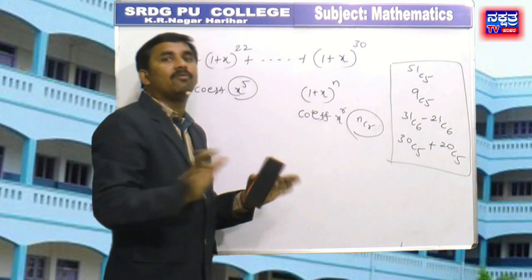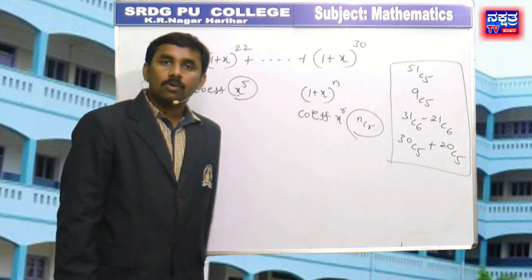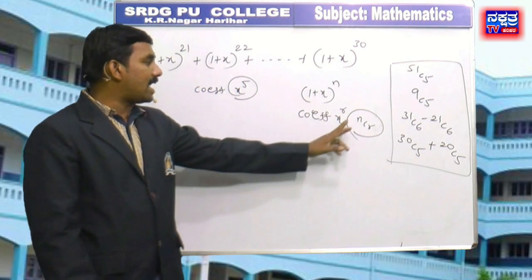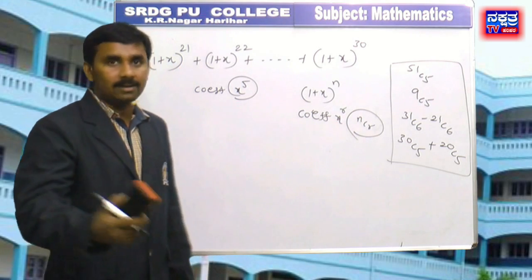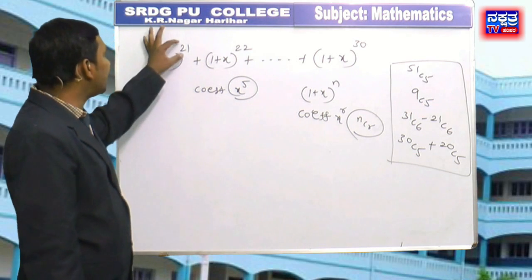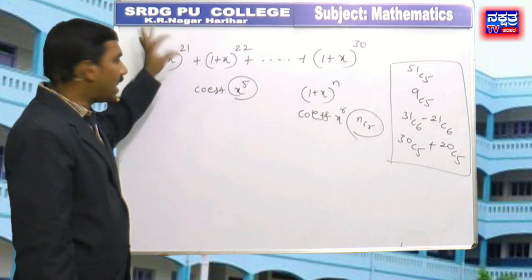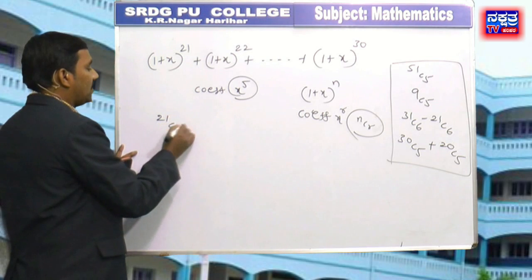Very standard one it is. Coefficient of x square is nC2, coefficient of x cube is nC3, coefficient of x power 4 is nC4, like that. Here we have to find the coefficient of x power 5. Here what is n? 21. Hence, the coefficient of x power 5 is 21C5.